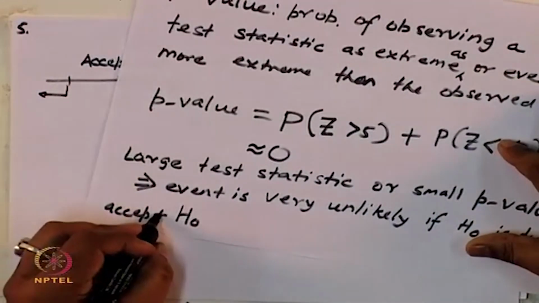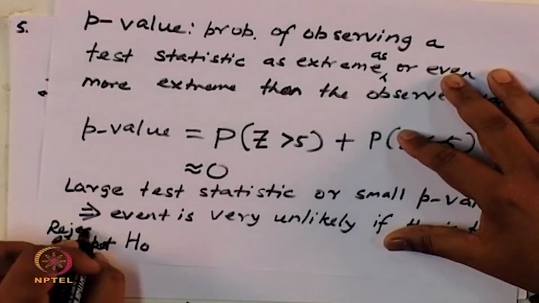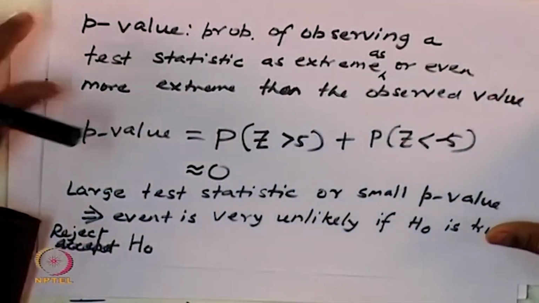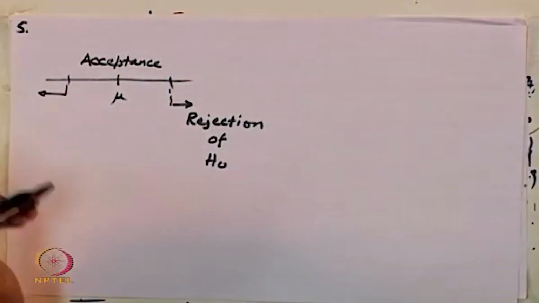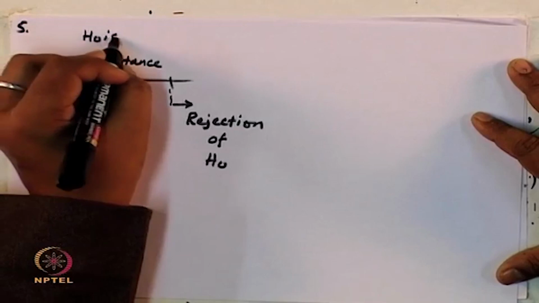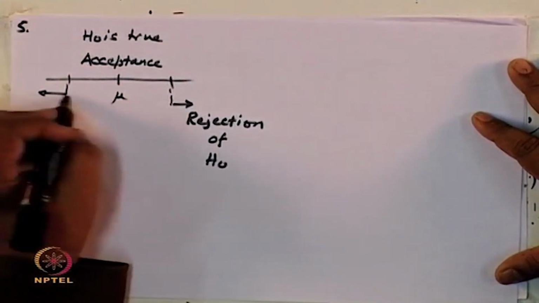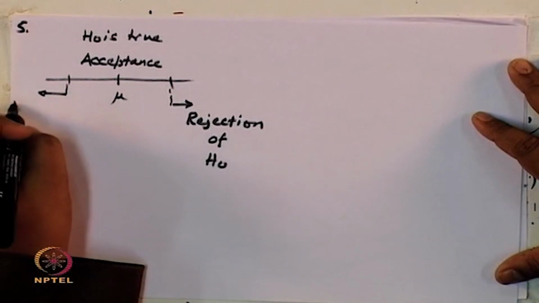In the last case I have to reject H naught, since this is 5 standard deviations away. This is the acceptance region where the H naught assertion is accepted, versus for these 2 points you have a rejection.